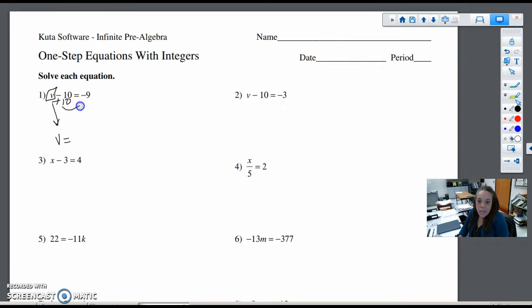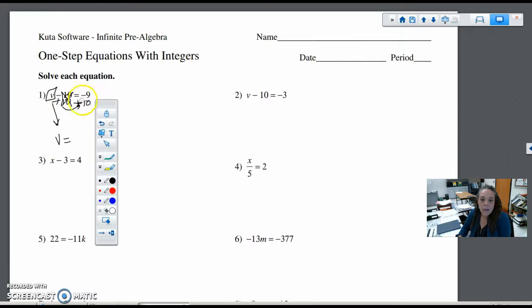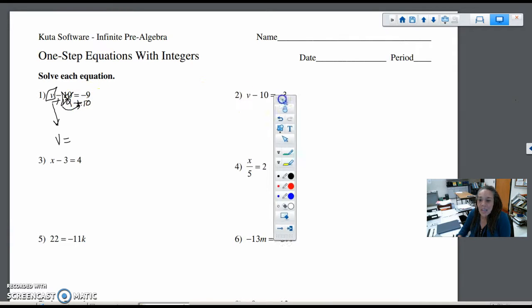Whatever I do to one side, I also want to do the exact same thing to the other side. So I'm going to also add 10 to this side of the equal sign. These cancel out because down 10, up 10 leaves you right back to 0. You have nothing left. And here we have negative 9 plus 10.